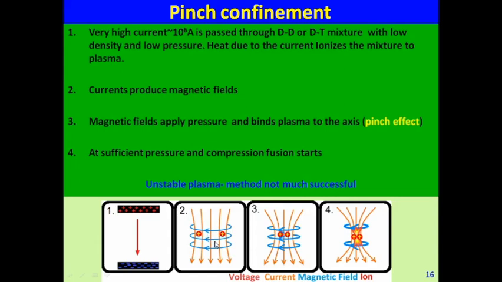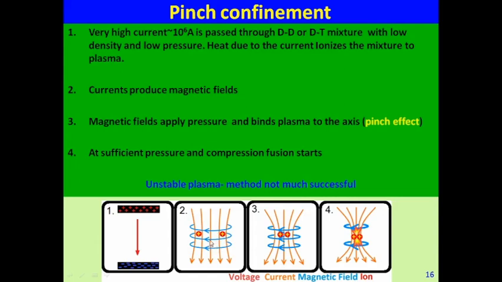So here the environment is: you have the electric field and the current, you have the magnetic field, and you have the charged particles of the plasma. With high current, this magnetic field will apply pressure. Now how will the plasma particles move? Wherever there is a magnetic field, charged particles will try to assemble around it.